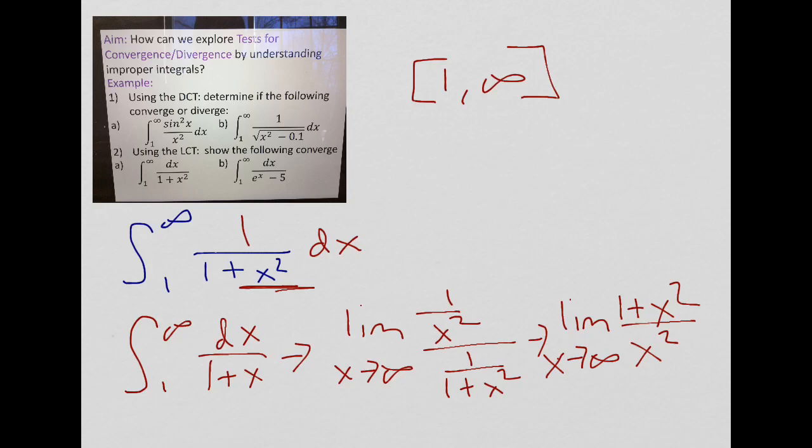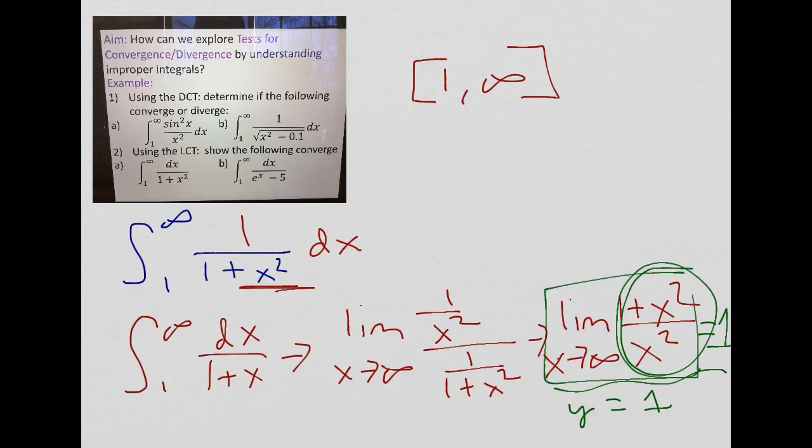This is an infinite discontinuity. And if you look at our rational function here, we know that there's a horizontal asymptote at y equals 1. So the answer here is 1. And you could also use L'Hopital's rule, and you get 2x over 2x, and the limit of that as x approaches infinity is 1. So we are getting an answer of 1 here, which means it does converge.